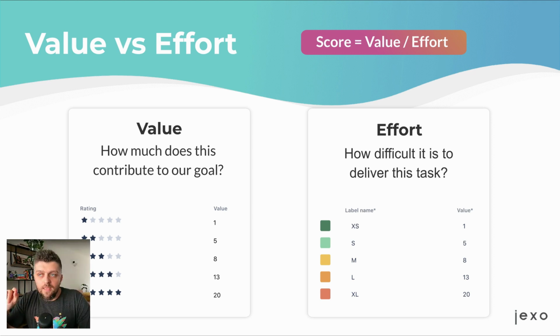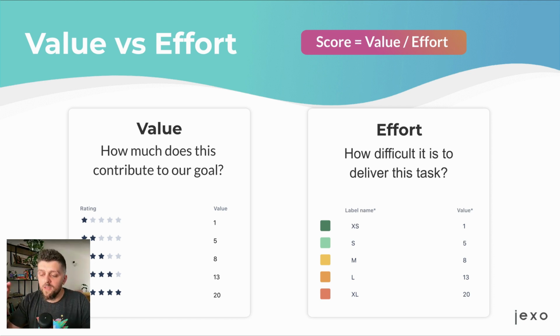But in order for us to be able to create a formula and calculate the final score of a task, we need that numeric value. So usually, as a manager of the backlog or scope or whatever, you will assign numbers to each of those values in the back of things.